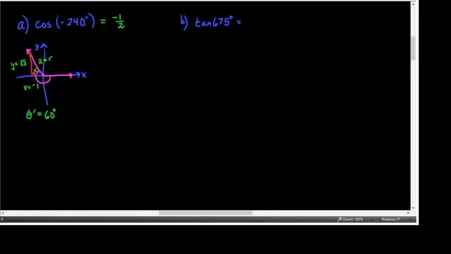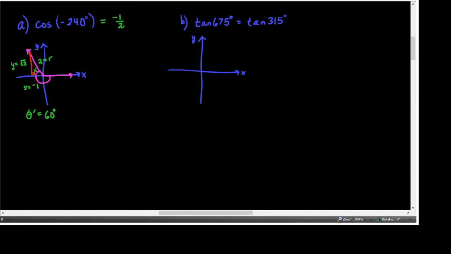If I subtract 360 from 675, I'll get 315, and the tangent of coterminal angles is the same value, so I can clearly say this. And let me see, 315 degrees. That is the smallest positive coterminal angle I can get, because it is between 0 and 360 degrees.